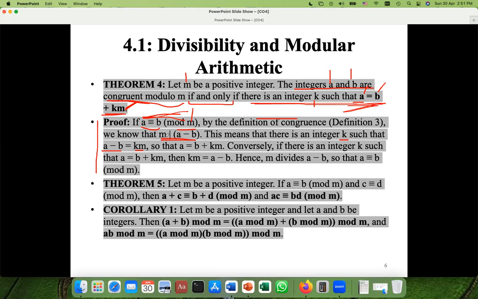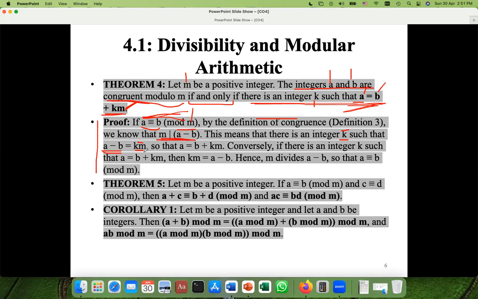If k is that quotient, an integer, then we can write this equation into this form: m multiplied by k gives the value equal to a minus b. So a minus b is equal to km.